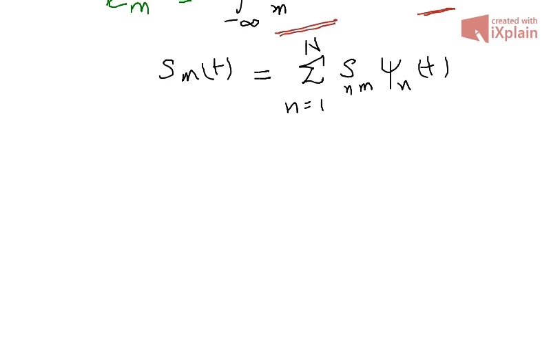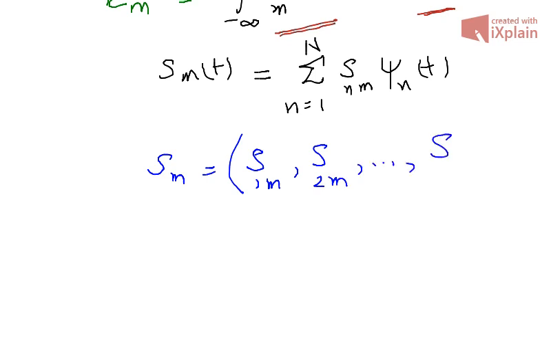We can write it in vector form using those values S1m, S2m, and the last value Snm.